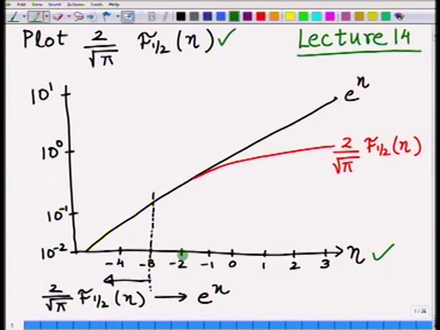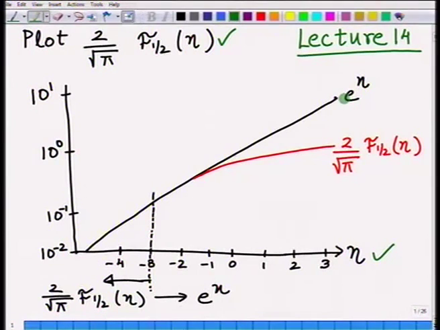In fact, you could pick this approximation at minus 2 also, maybe minus 1 also, depending on how good an approximation you want. If eta is less than minus 3, then this Fermi-Dirac integral could be approximated as e to the power eta. All right. So now we continue from here.